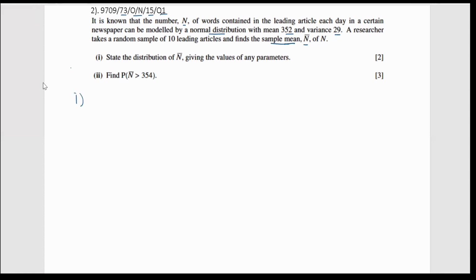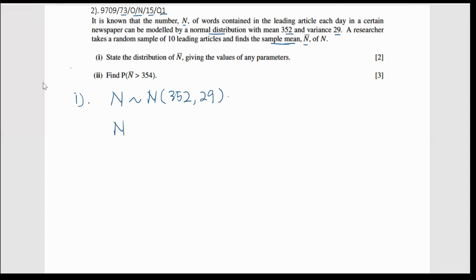Part 1. State the distribution of N bar, giving the values of any parameters. So, given by the question, the capital N, the words contained in the leading article, follows a normal distribution with the mean 352 and the variance 29.